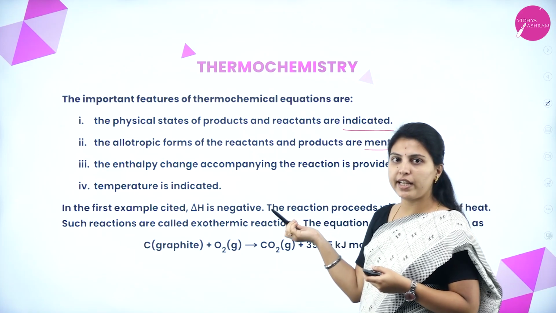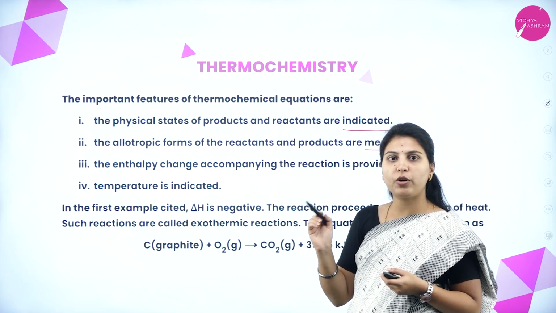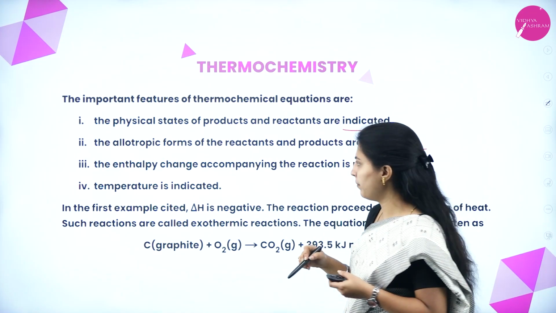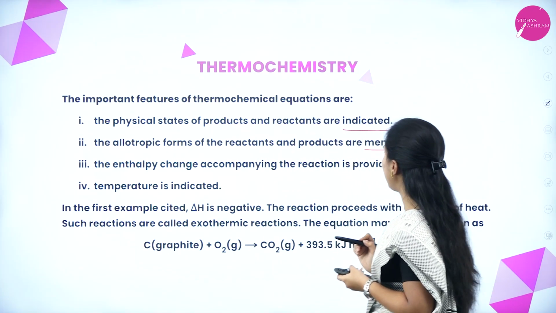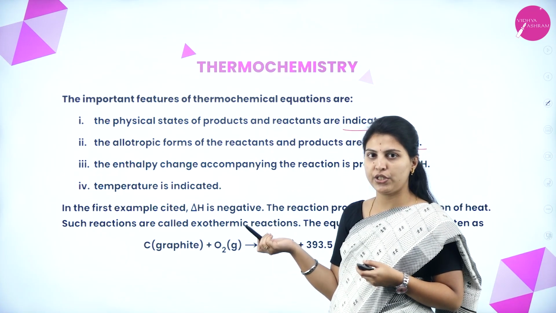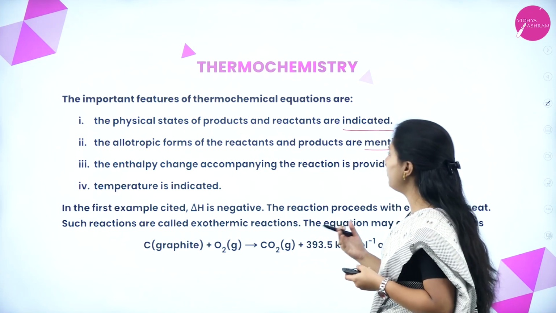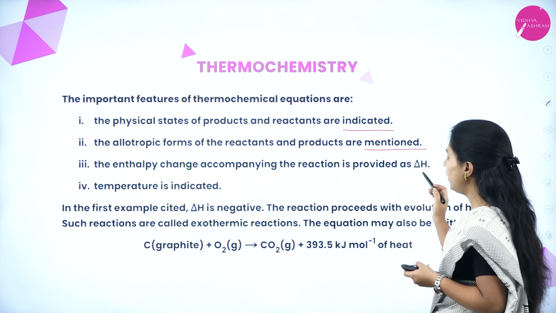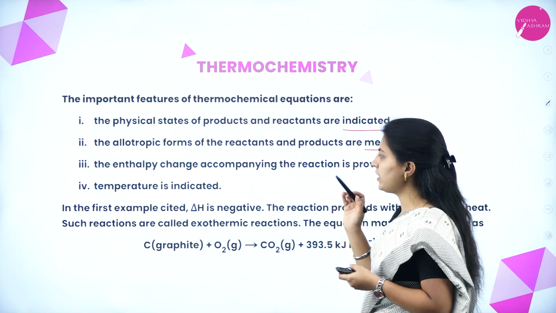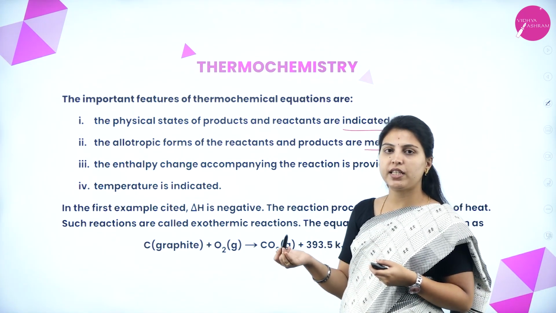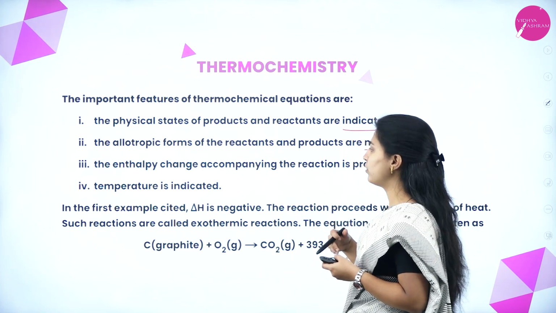See, in the previous reaction, carbon in the allotropic form of graphite, that also you have to mention. The enthalpy change accompanying the reaction is provided as delta H. Temperature is indicated. In the reaction, if temperature has been projected, that will also be shown.